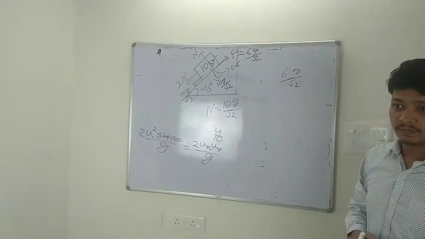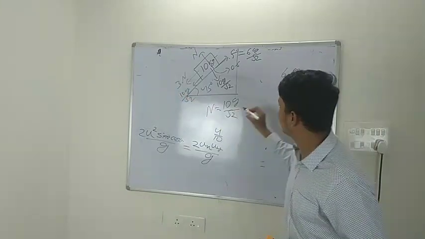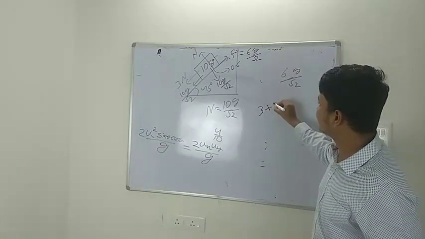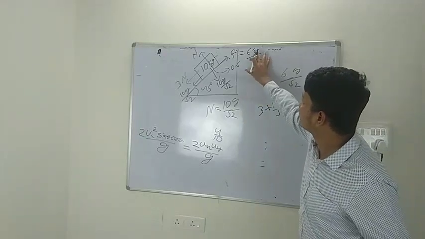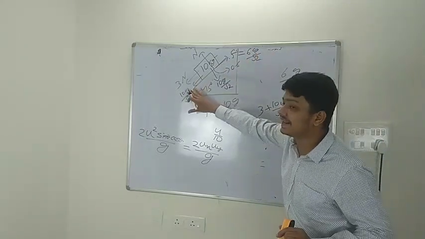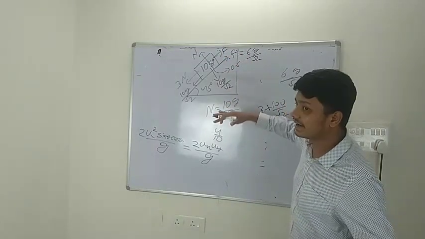Okay, now what is this? 3 plus 10g by root 2 is acting, and here 6g by root 2 cannot balance this, so a force F must act such that it is not moving.